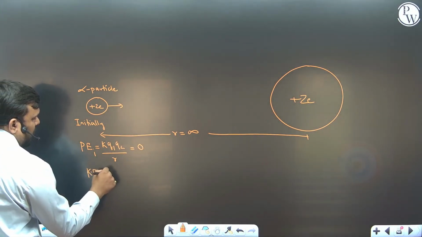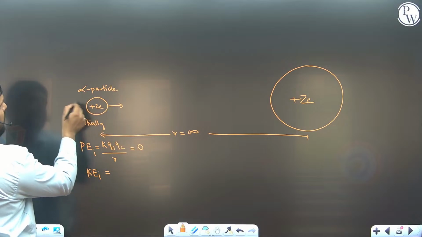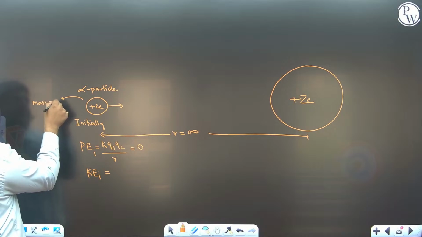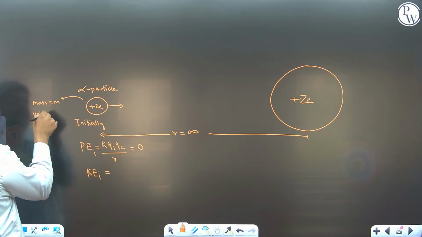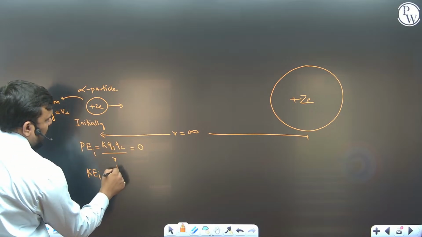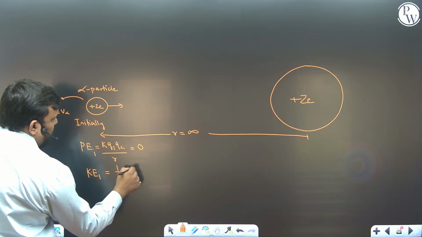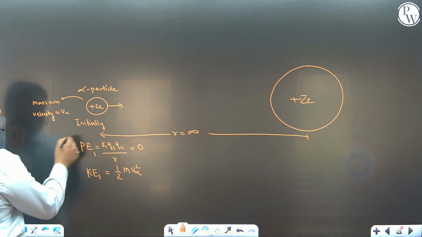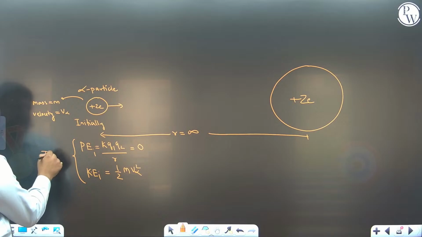What will be the kinetic energy? Let us take its mass as m and velocity as v alpha. So the kinetic energy will be half m v alpha square. So this is the total initial energy we are having.